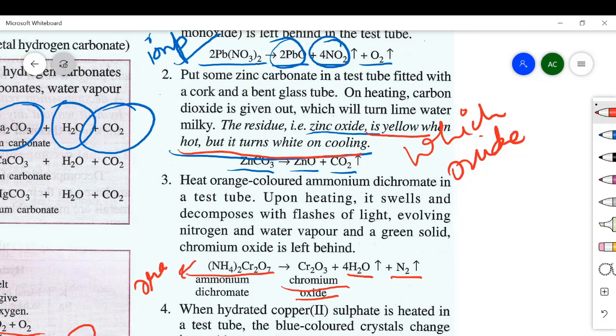When you heat it, it swells up completely and gives flashes of light. It is a very beautiful experiment. It gives you flashes of light and it will form a green color compound, which is green in color, to give water vapor and nitrogen. Okay. So a very bright orange color changes into a dirty green color.